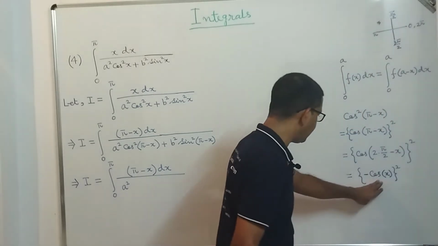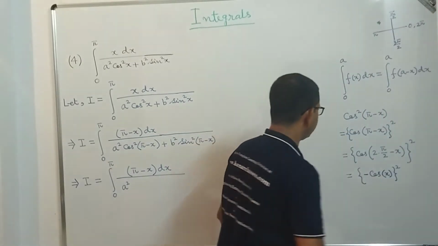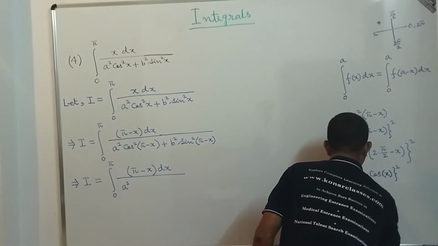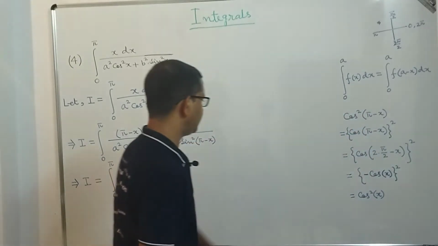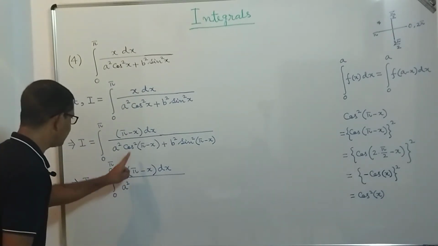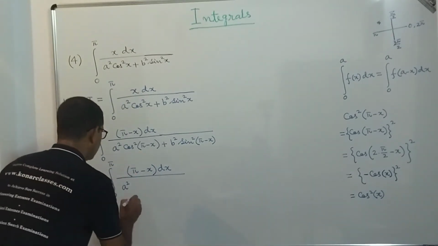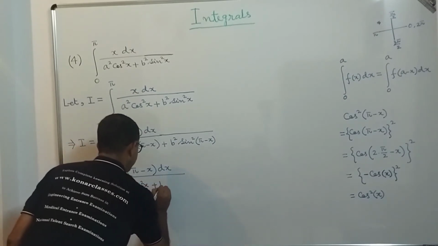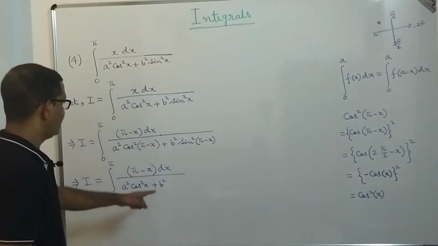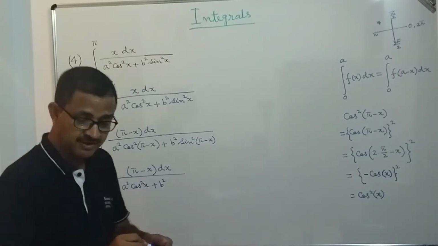Ultimately it becomes cos square x. I did it in an elaborate manner so that you understand each and every part. So cos square of pi minus x equals cos square x.